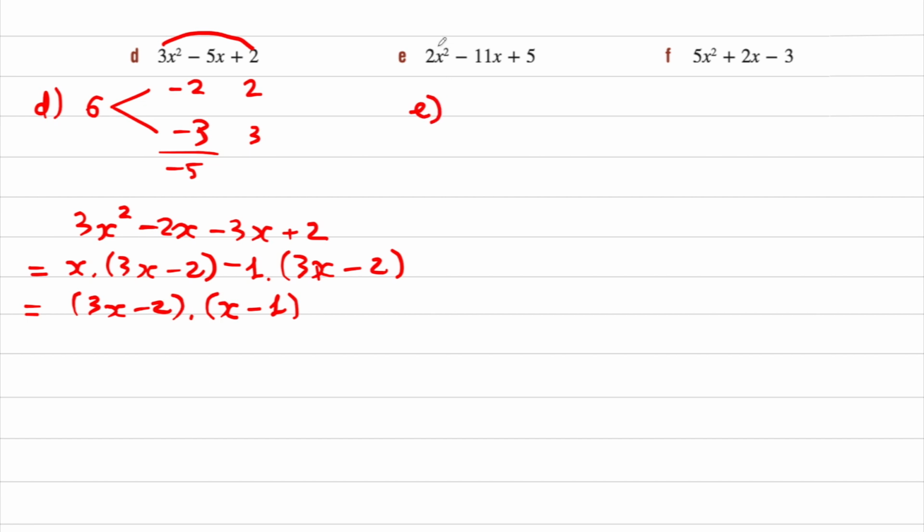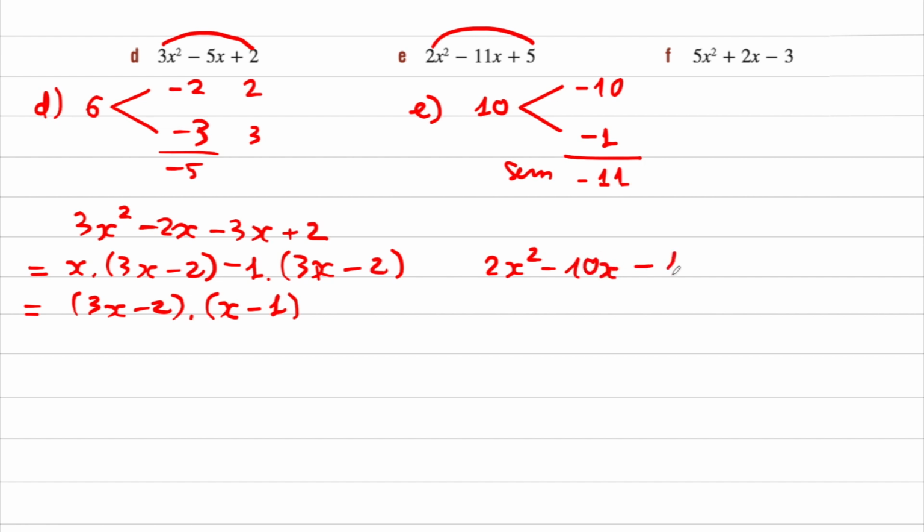Question E. 2 times 5 equals 10 and their sum has to be minus 11. So I will have minus 10 and minus 1, because their sum will be equal to minus 11. And 2x squared minus 10x minus 1x plus 5.